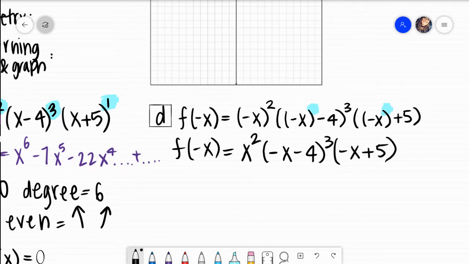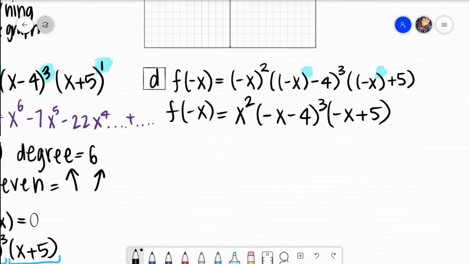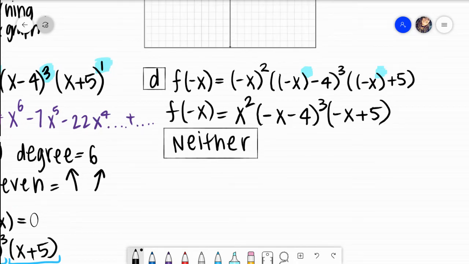Some of them changed, not all of them, and not none of them. That's how you determine even or odd: all change or none changed. If a few different signs here and there change, then what we say we have is a graph that has neither type of symmetry. Okay, so that was our D, that was for our symmetry.